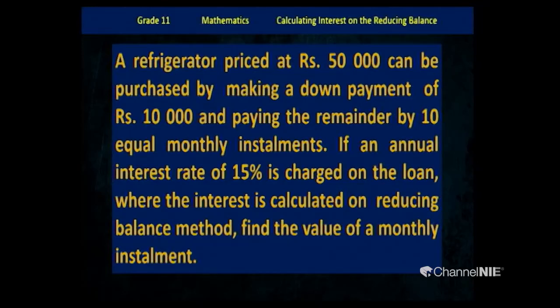Now what are the important facts here? The information given here: 50,000 is the value of the refrigerator, and the down payment is 10,000. You have to pay that initially to take it. After that you have to pay it in 10 equal monthly installments with 15% interest rate. Now let's calculate the steps and find the value of a monthly installment.